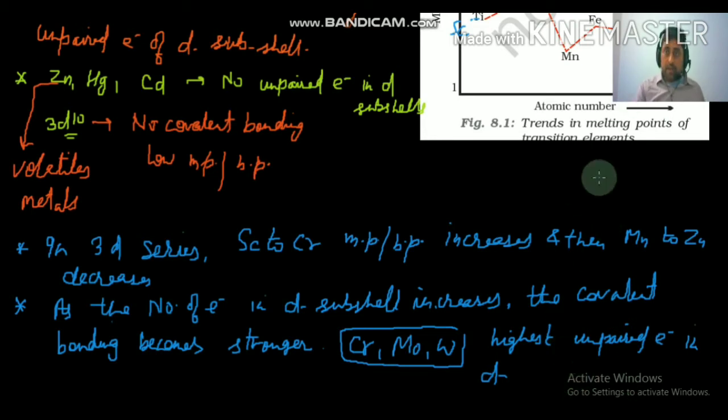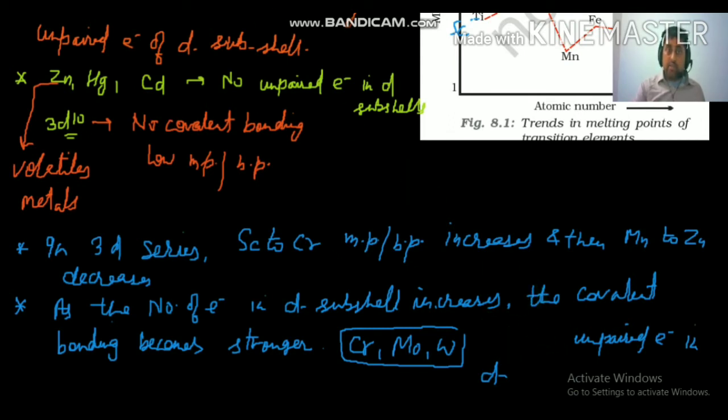So in fact, I must say not all the electrons in the d subshell are the highest, because in 3D series you can say manganese is having the highest unpaired electrons.